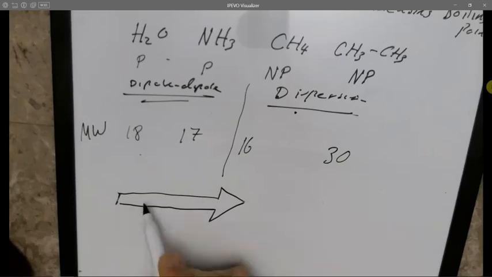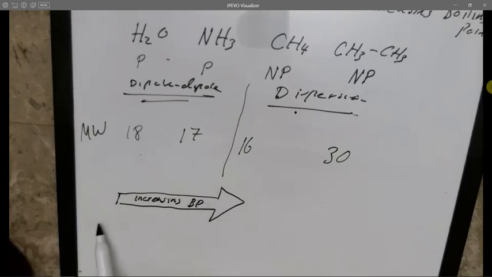Okay, so it's going to be increasing IMF, or sorry, increasing boiling points, the same thing. The weakest one is going to be on the left. The weakest one by this analysis is CH4, because it has the weaker dispersion. The second weakest is going to be this one because it's still dispersion. Dispersion is weaker than anything that's dipole-dipole.